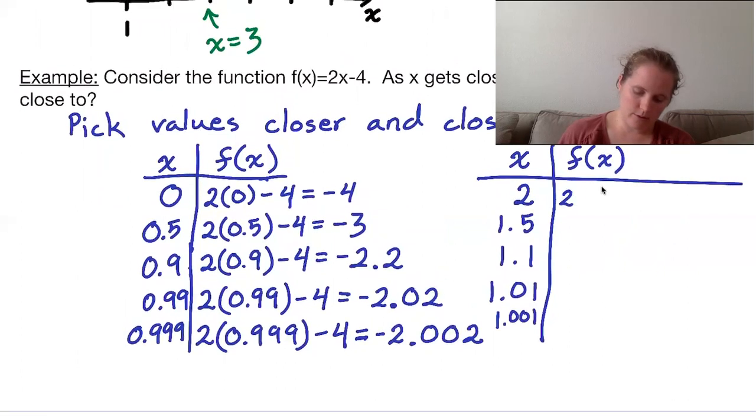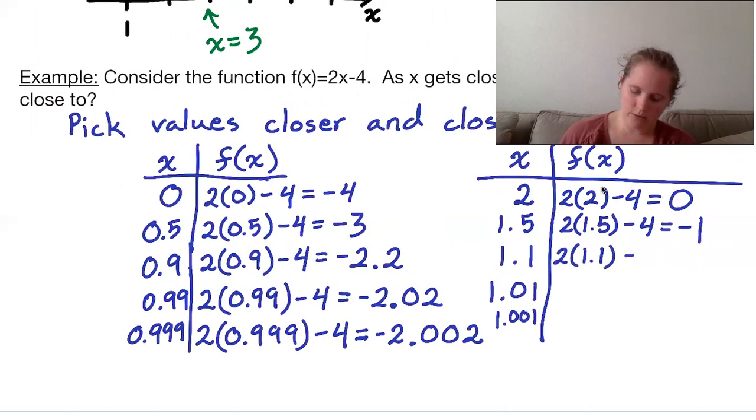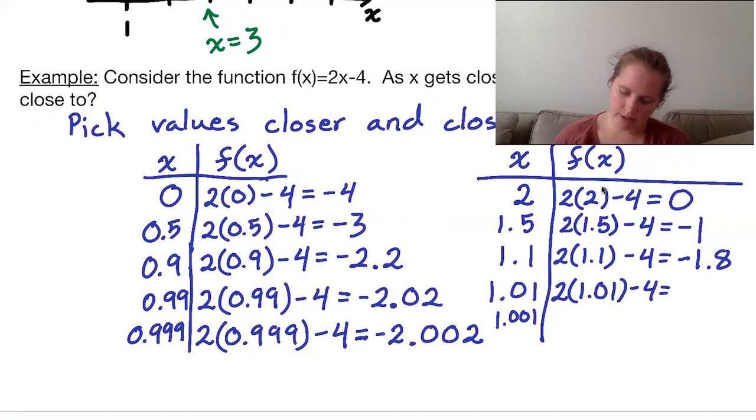So we'll have 2 times 2 minus 4, and we would be at 0. Then 2 times 1.5 minus 4, we're looking at negative 1. 2 times 1.1 minus 4, we are looking at negative 1.8. 2 times 1.01 minus 4, we are looking at negative 1.98.